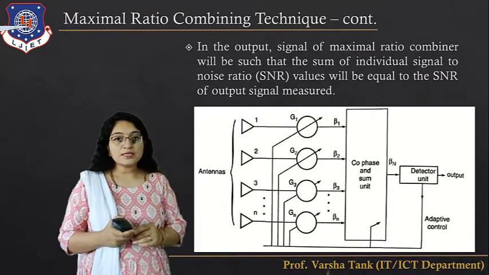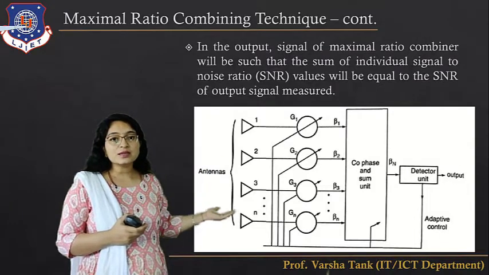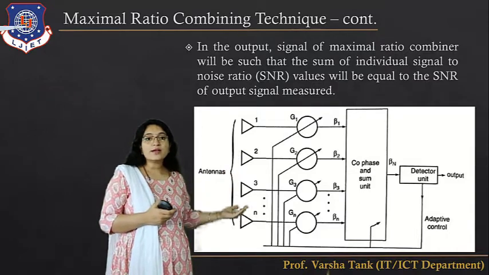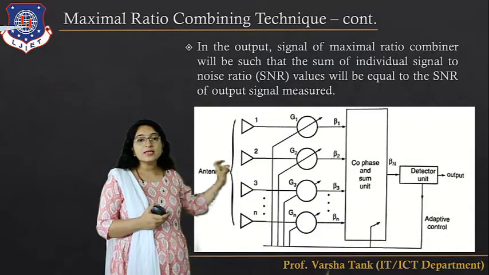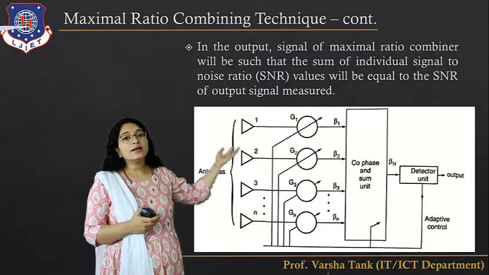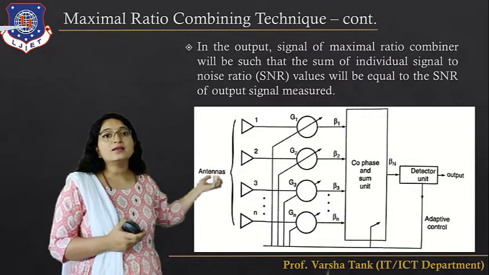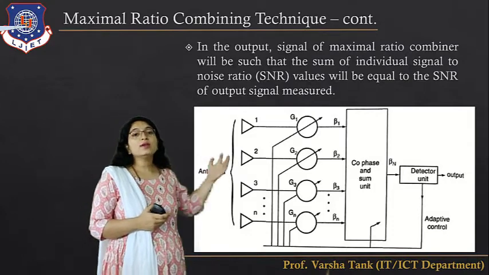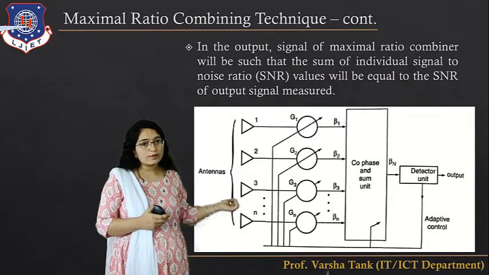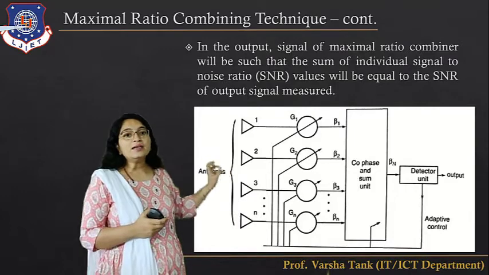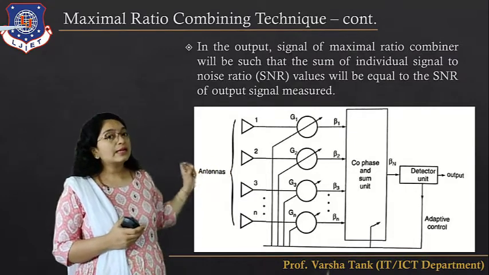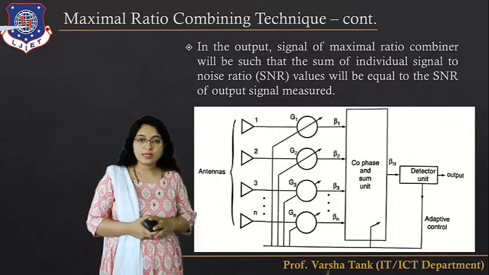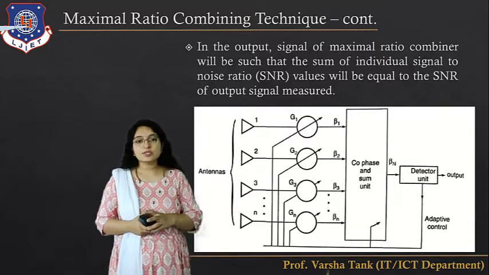Here you can see in the figure the mechanism of maximal ratio combining: you are using different antennas, sending the signals at different gains, and they are received co-phased. We find the sum of those signals, and then the detector unit is used to detect whether it meets the SNR or not, and then the output is given. That means the signal is received.